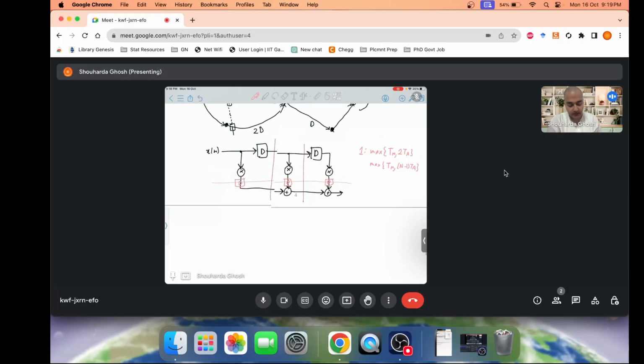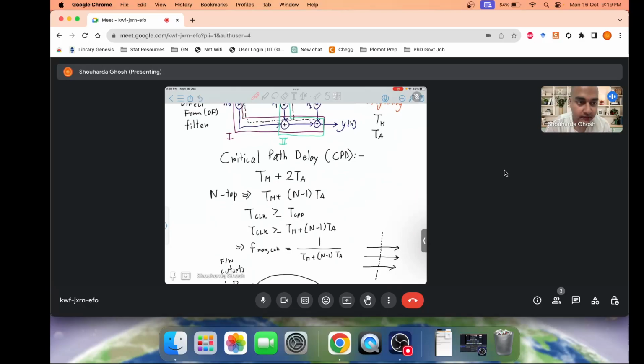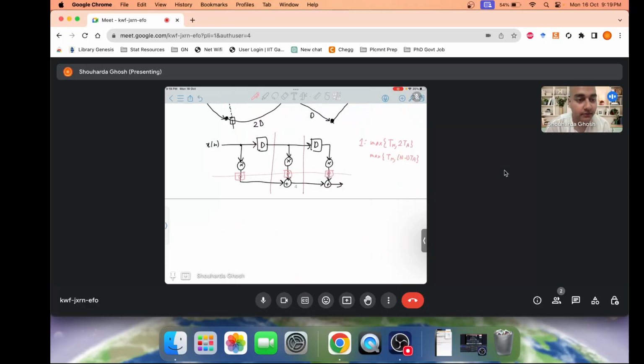So you observe that earlier we had Tm plus (n minus 1) Ta, right? Now we have the maximum of Tm comma (n minus 1) Ta. Isn't that decreasing your minimum clock duration, or increasing the clock frequency? So that's one advantage of pipelining, you're increasing the clock frequency.